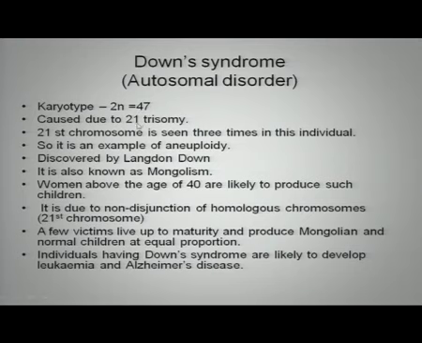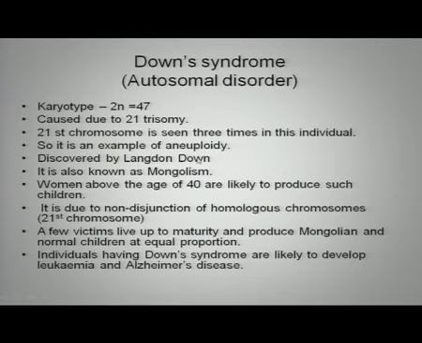So, it is known as 21 trisomy. The 21st autosome is normally seen only twice, but one more is added, so it becomes 3 times. So, that condition is an aneuploidy.